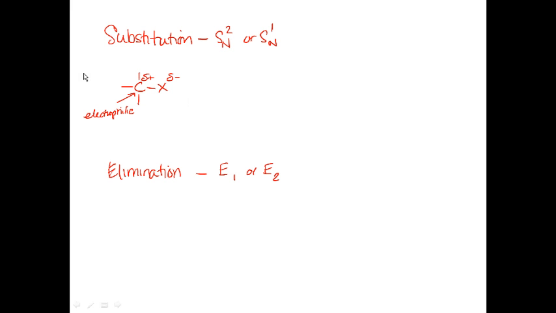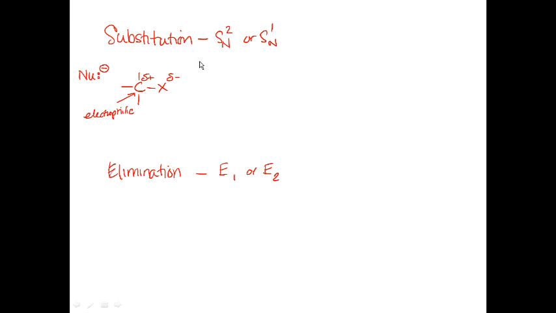So substitution, we take a nucleophile, and this is my generic form of a nucleophile, and I'll get into the specifics of nucleophiles in a minute. But one thing we know about nucleophiles is they're electron rich. Remember, electrophiles are electron poor, represented by the carbon having a delta plus charge. So nucleophiles have a lone pair, and in this case, we're going to use nucleophiles that have a negative charge. So that negative charge or those lone pairs make a nucleophile nucleophilic.